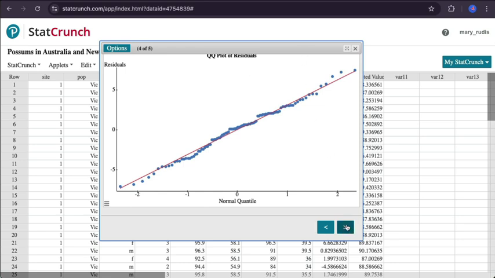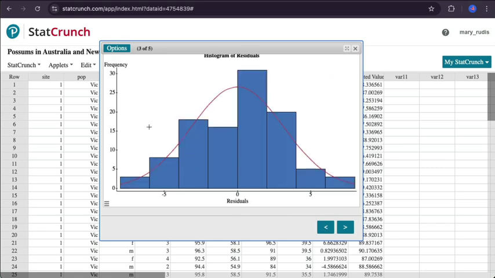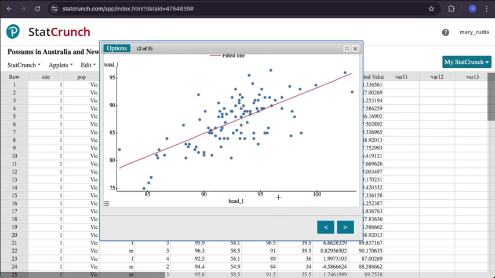So you need those things to be true. We need the QQ plot of the residuals to be following a straight line. We need the histogram of the residuals to be roughly normally distributed. We need the scatter plot to show a trend either upward or downward.